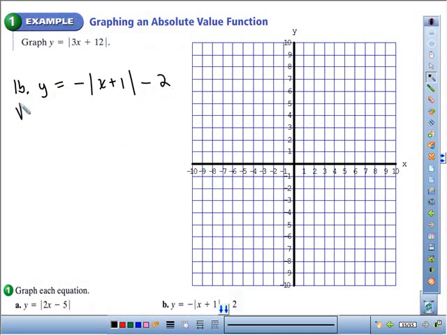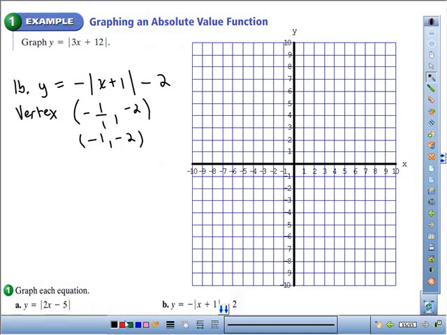First thing we're going to find the vertex. To find the vertex, you recall it's negative b, which is 1, over m, which is the number in front of x. In this case, it would be 1. And our c value in this case is negative 2.